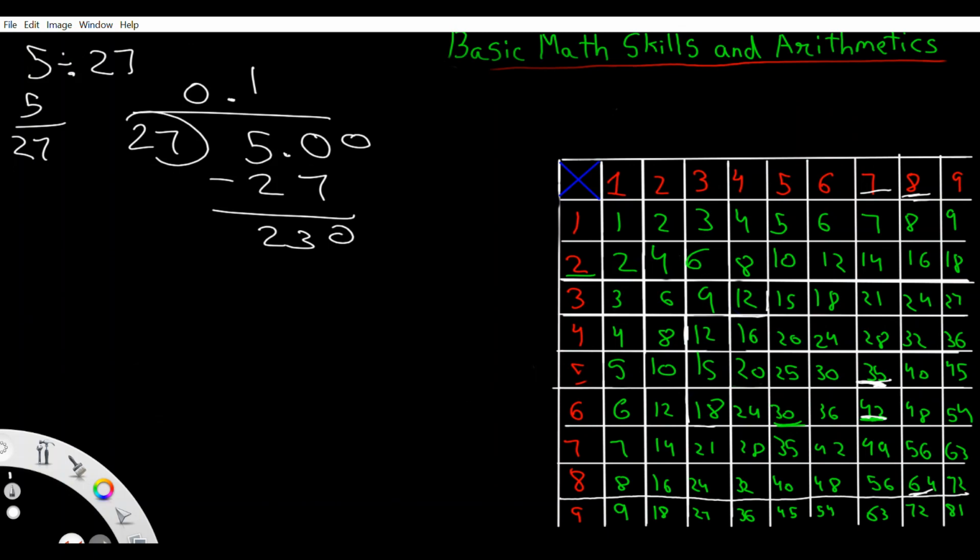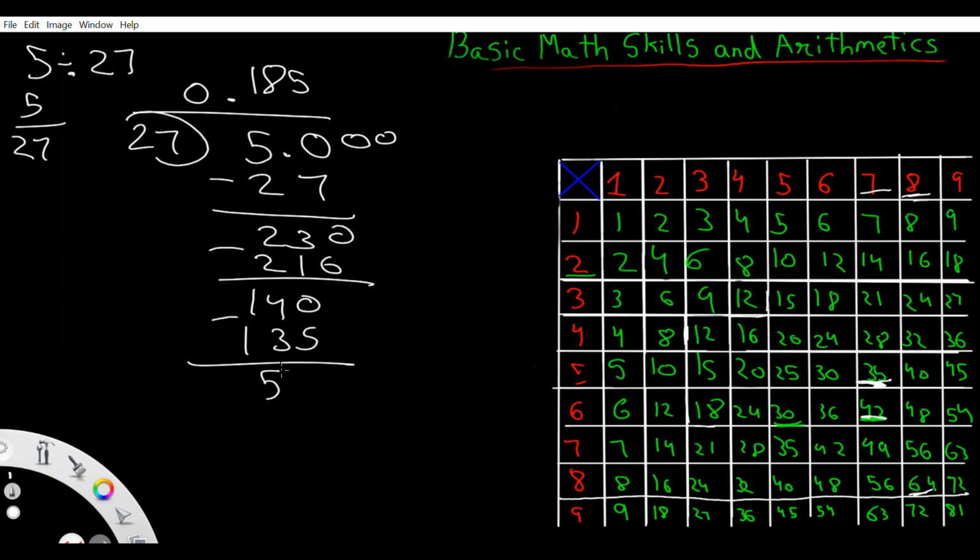And then the closest multiple of 27 to 230 is 216, which is 27 times 8. 230 take away 216 is equal to 14. And now we again put a 0 to make this 14 into 140. And 27's multiple closest to 140 is 135, which is 27 times 5.